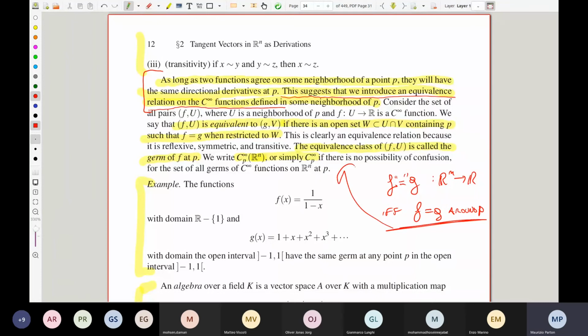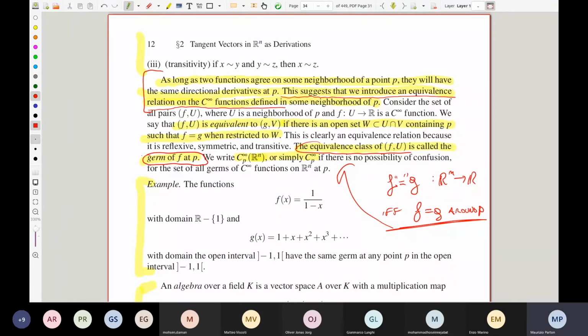Two functions are equal if they are equal around P. Well, at this point, I can no longer call them functions because one of them is a set of several functions, all equal around P. So I call this set of functions the equivalence class, I call it the germ of the function at the point P.